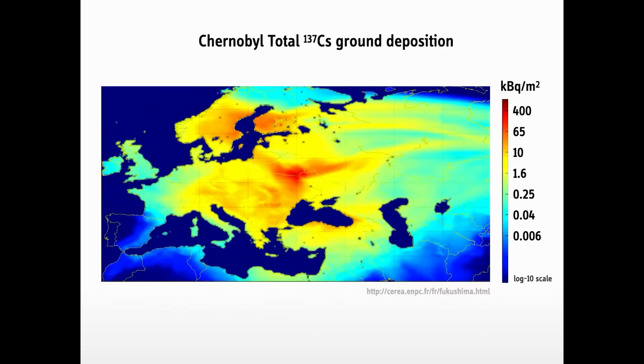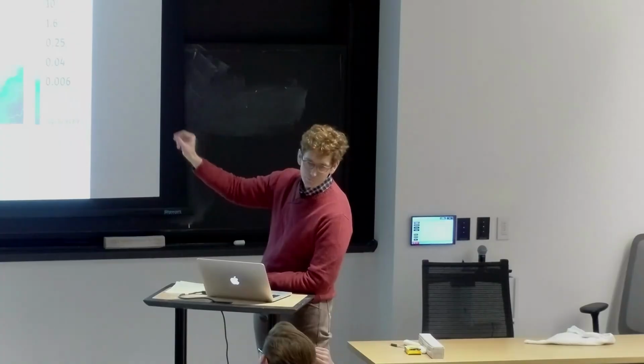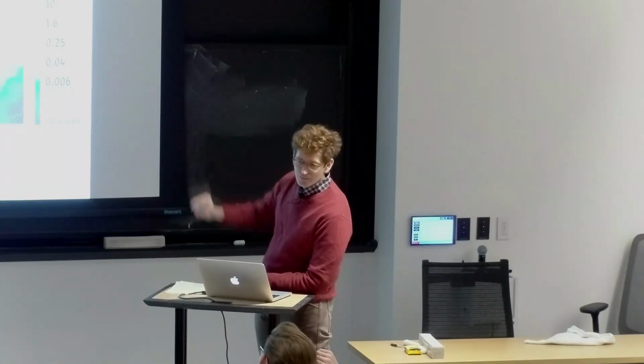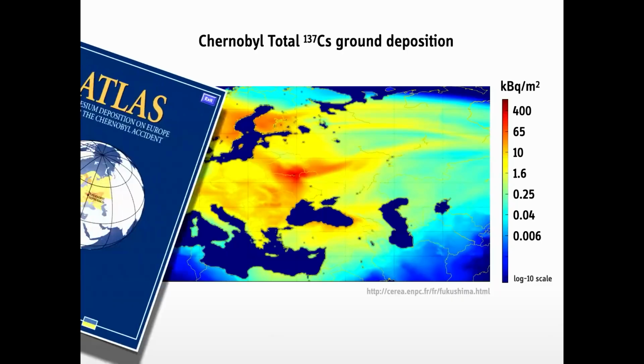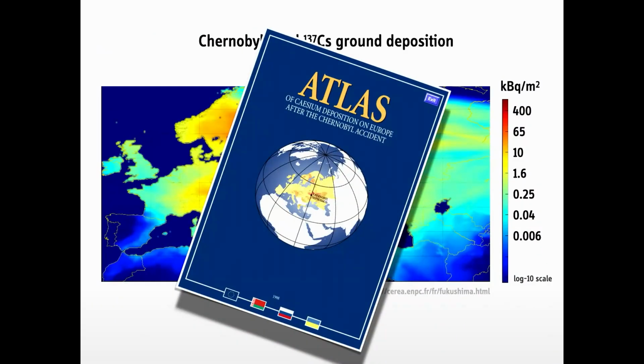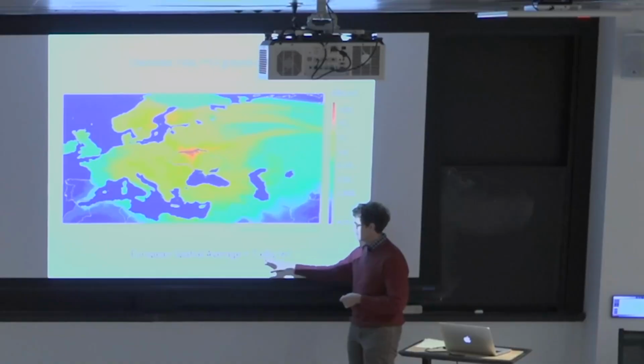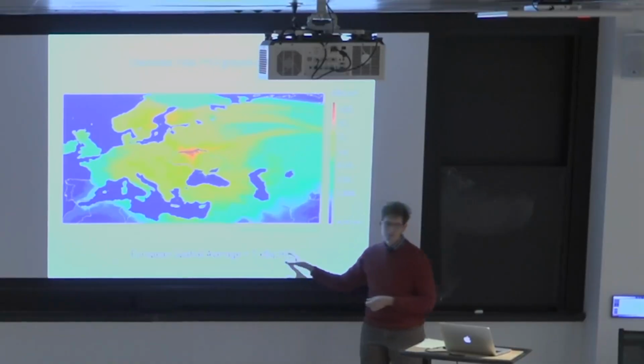Fortunately, if we wanted to measure the average contamination, say in all of Europe, we could try to voxelize or pixelize this and figure it out. But the European Commission issued this report in 1998, and they did it for us. And their number is 7 kilobecquerels of cesium-137 per meter squared, the European spatial average contamination.